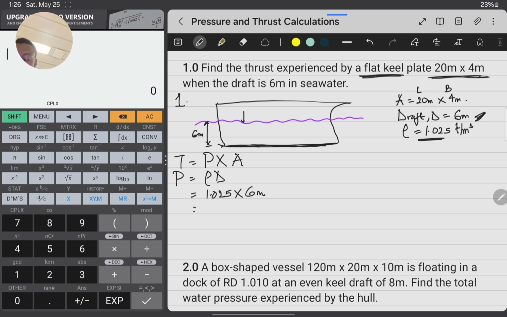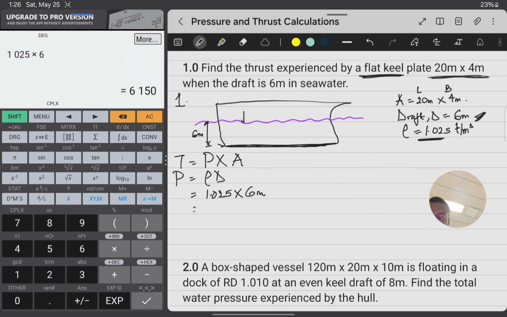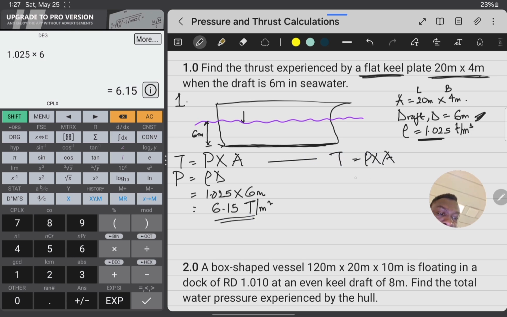So we have 1.025 times 6, which gives 6.15 tons per meter squared. So we know that thrust is P times A, and then it's 6.15 times the area, which is 20 times 4.